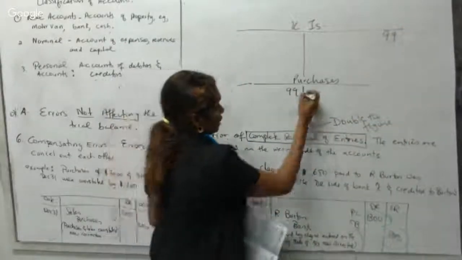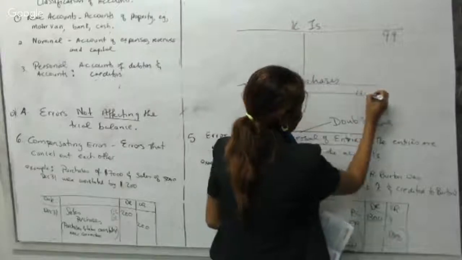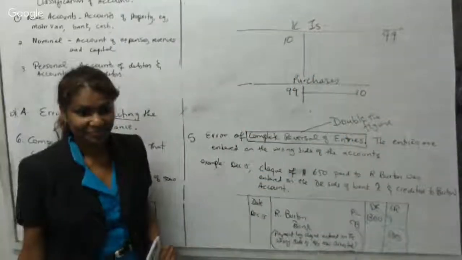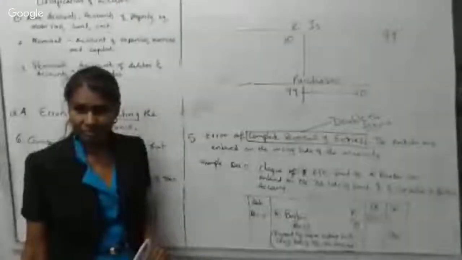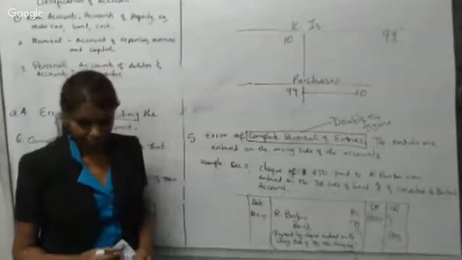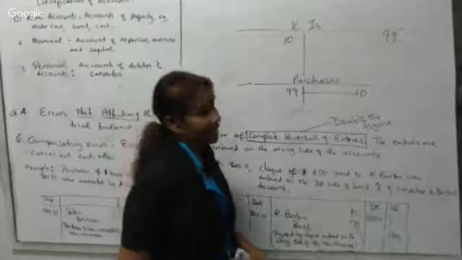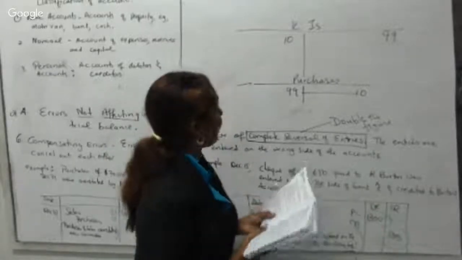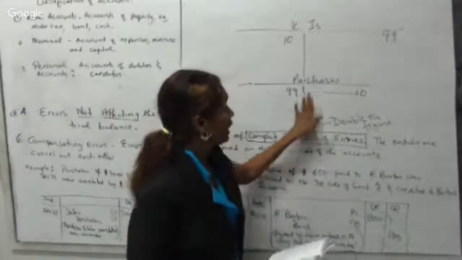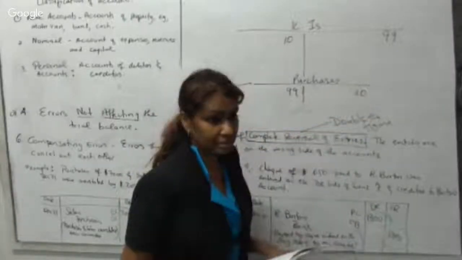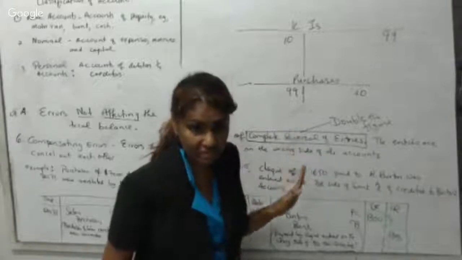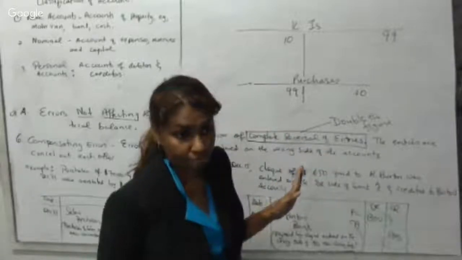So what you did was credit purchases with 10 and debit Isaacs with 10? Yes. We don't care about the 99 and the 89, just the $10. That's the critical part.